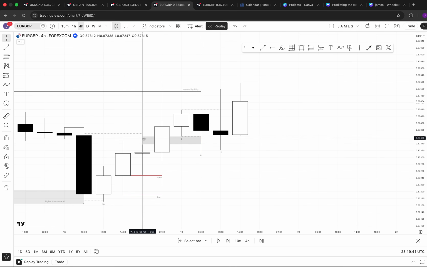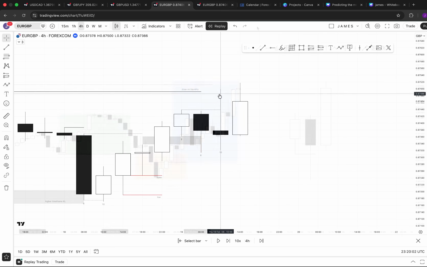We find again the internal liquidity, 2, 6, 10, accumulation, manipulation, close back inside. Again, price doesn't trade lower because it's already had that manipulation. So we then distribute into that liquidity.